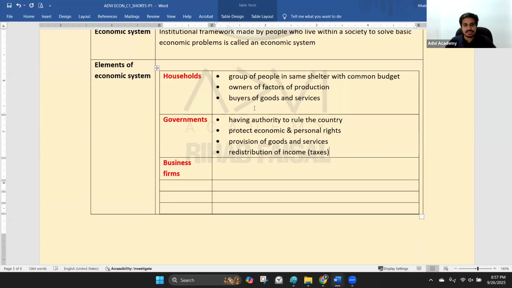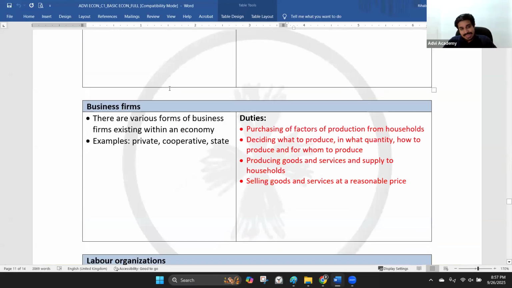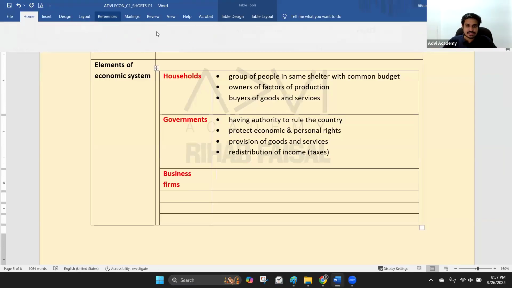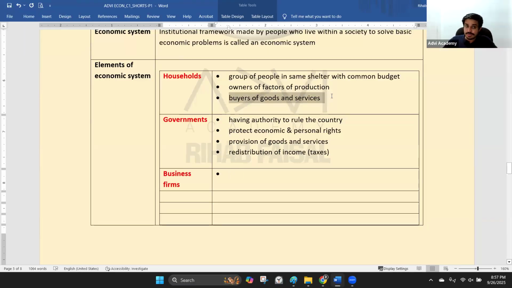That's a government. Then we come to business firms. What do business firms do mainly? Let's say these guys are the sellers, buyers of goods and services. No, these guys are the producers and sellers of goods and services. They produce and sell goods and services. To whom?